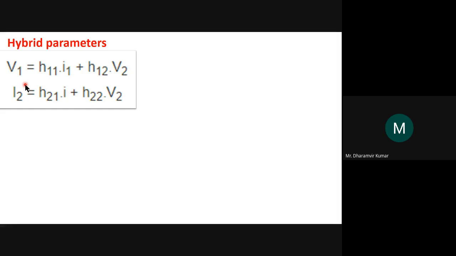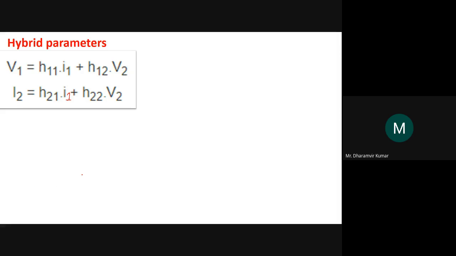So let us go with these hybrid parameters. The hybrid parameter equations are described by this, where v1 is equal to h11 I1 plus h12 v2, and I2 is equal to h21 I1 plus h22 v2.